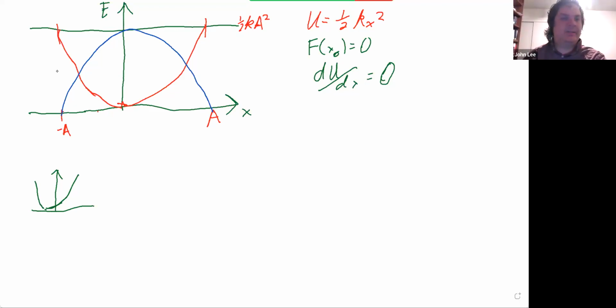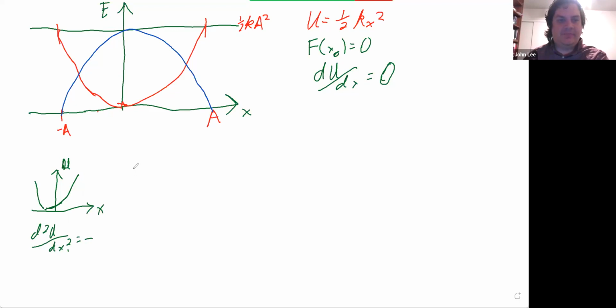I keep hitting the select button instead of the draw button. So U versus x is built up like this, where d squared U dx squared is negative.